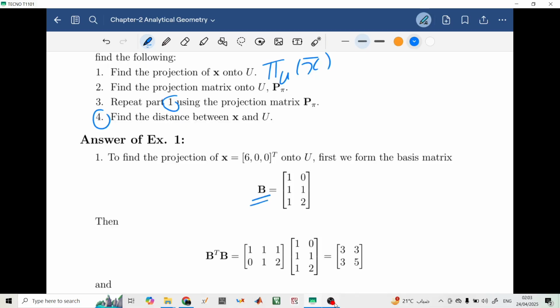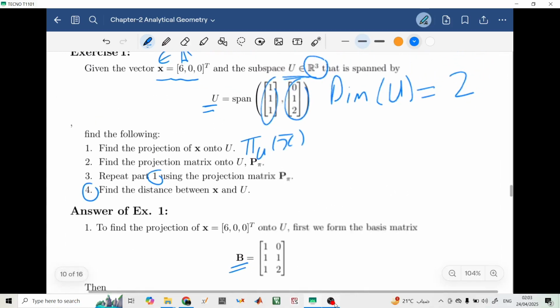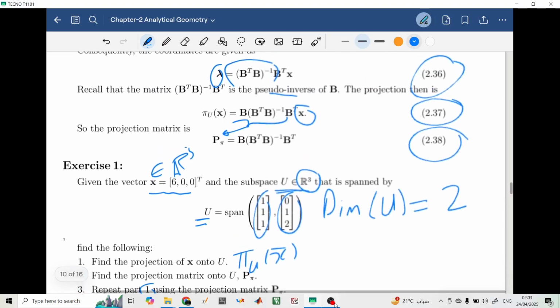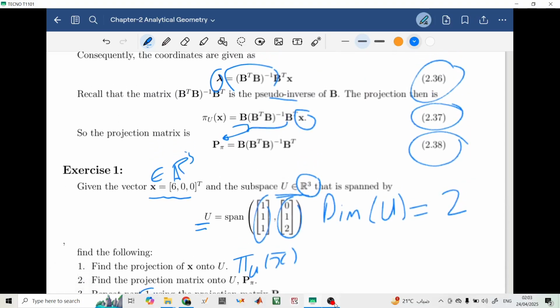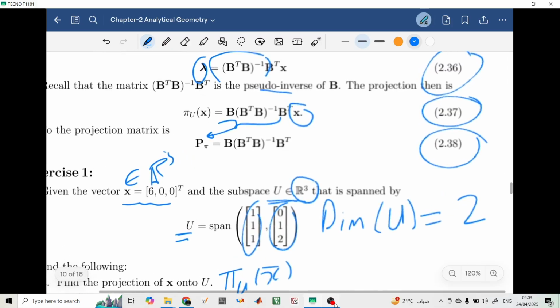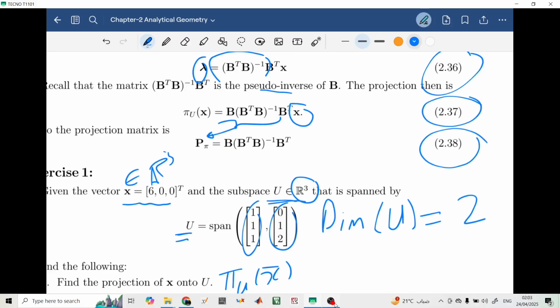And then if you want to find the projection, it's very simple. We use this equation, equation 2.37. We need to find this expression, B times B transpose B inverse times B transpose, right? So there's a transpose here.